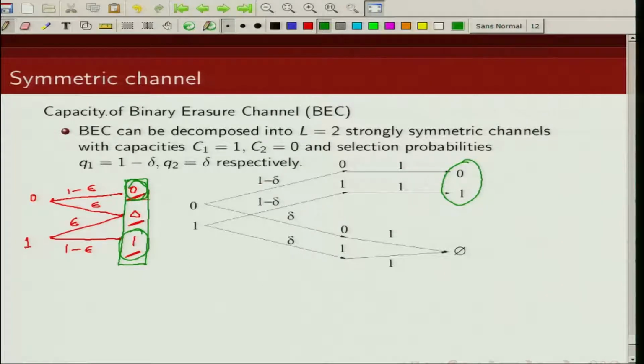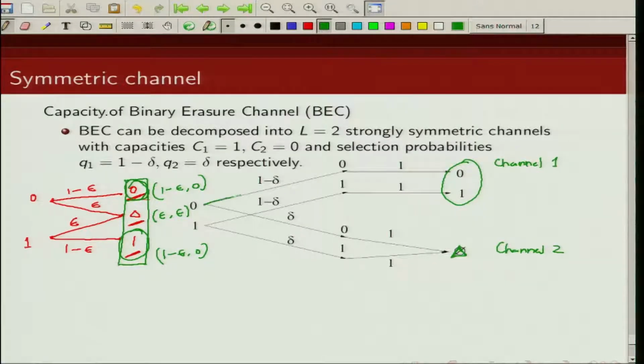You can check, this is 1 minus epsilon, 0 and this is 1 minus epsilon, 0, and this has a different focusing, which is epsilon, epsilon. So this will be a different channel. This is my one strongly symmetric channel, channel 1, and this is my channel 2.